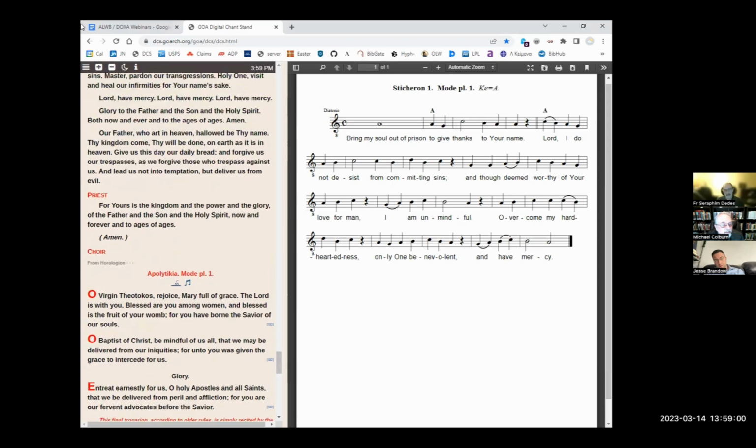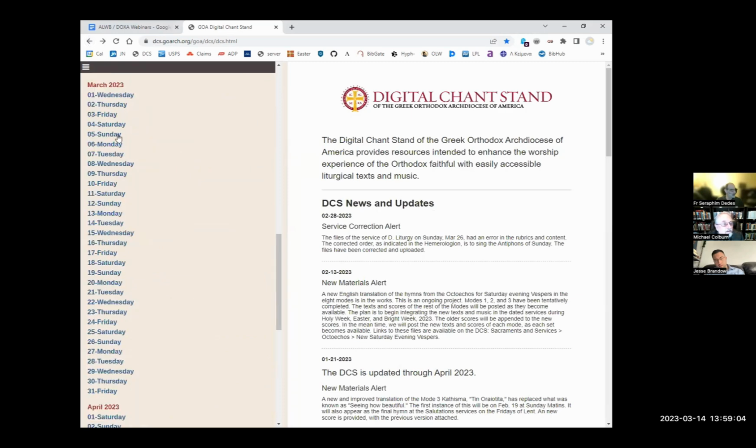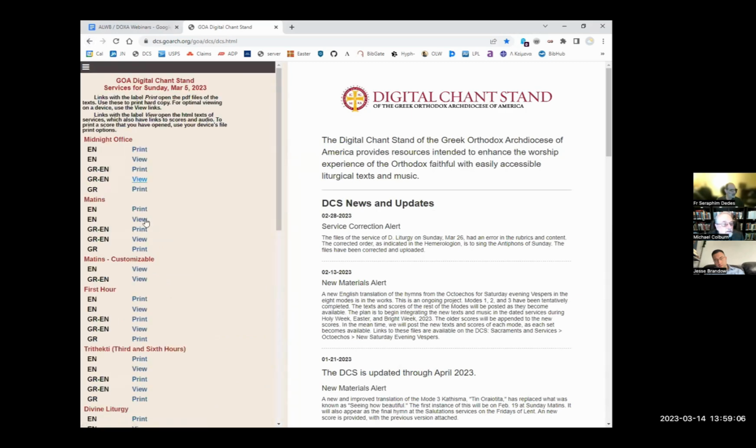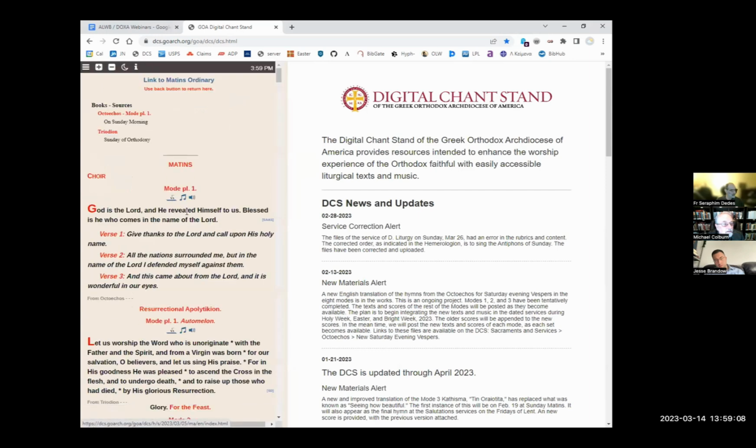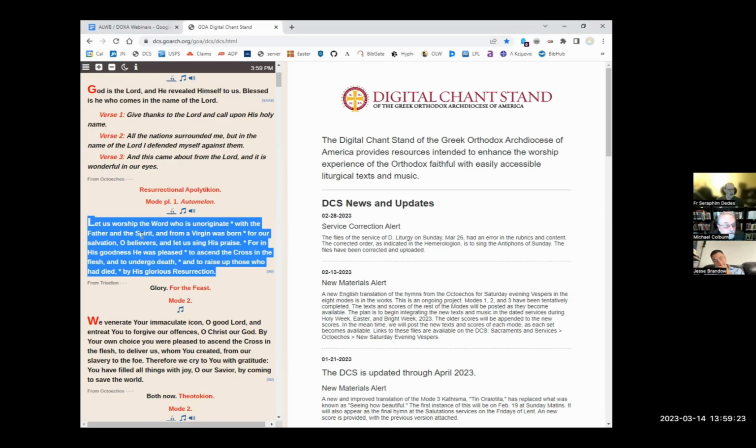Okay, here's a perfect example. In this case, we have the Apolitikon in Plagal First, and the text is, let us worship the Word.